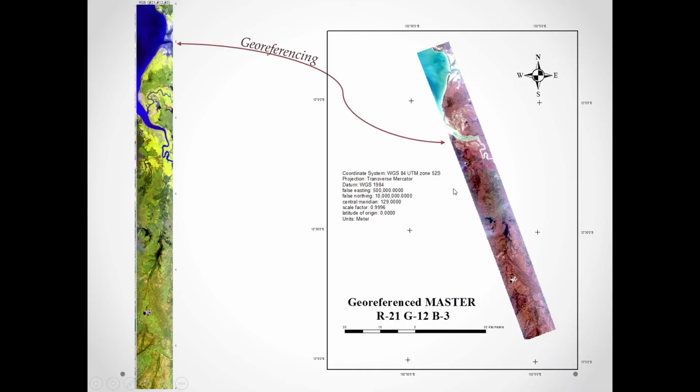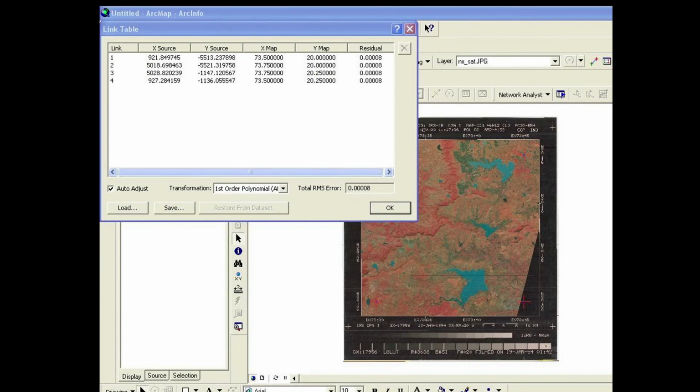After georeferencing that particular picture, we can have the perfect location of that image in our coordinate system. And you can use the ArcGIS software for georeferencing various images and projection of that image in different coordinate systems.